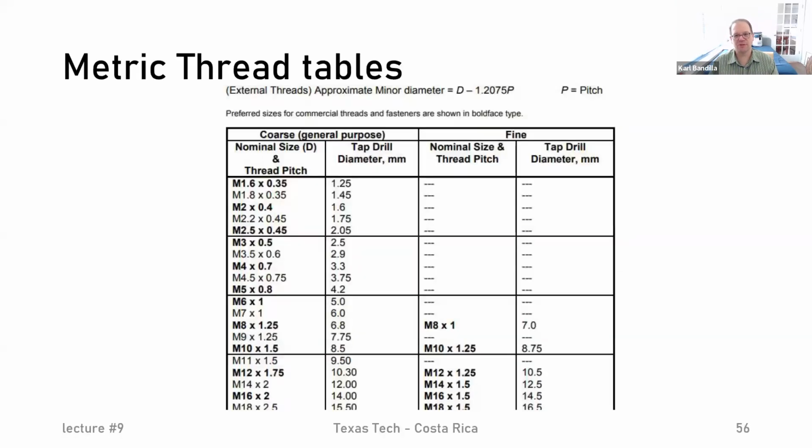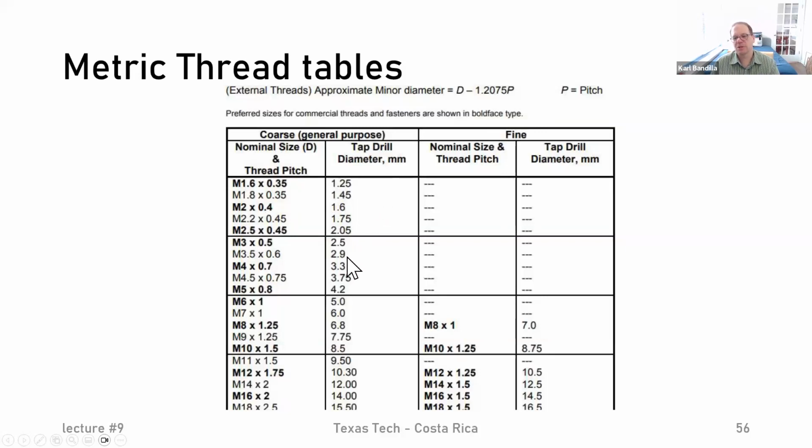Right, so those were all the things that we can see. And of course, just like for the other one, we have a nice little table here as well. In this table, we'll have the nominal sizes, right? So 1.6, 1.8, 2, those are all like the major diameters. And then we're given the pitch, right? And we're given that for coarse and for fine. Those are the only two we get. We're also given the tap drill.